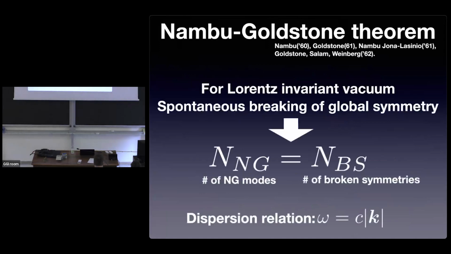The ordinary Nambu theorem in the vacuum states that for a Lorentz invariant vacuum, when symmetry is spontaneously broken, then Nambu bosons appear, whose number is equal to the number of broken symmetries and whose dispersion is linear in momentum. That is the ordinary statement.